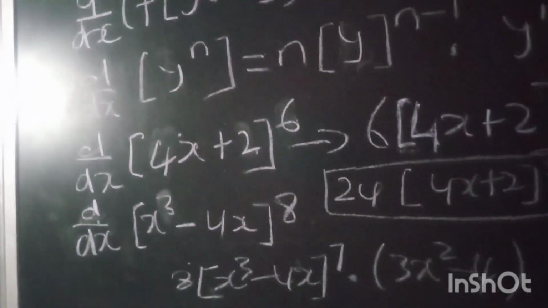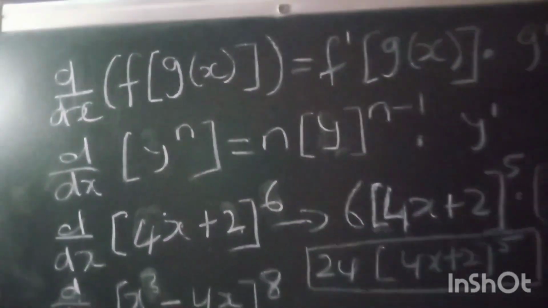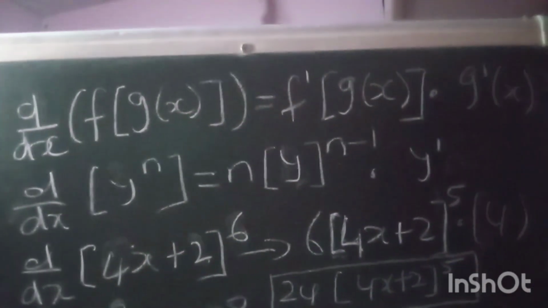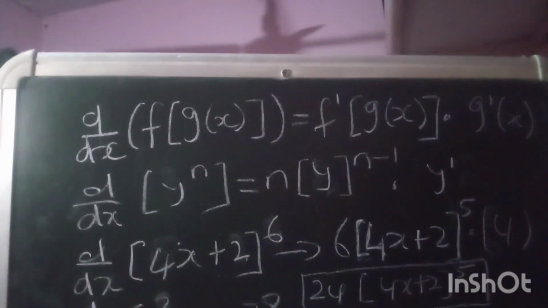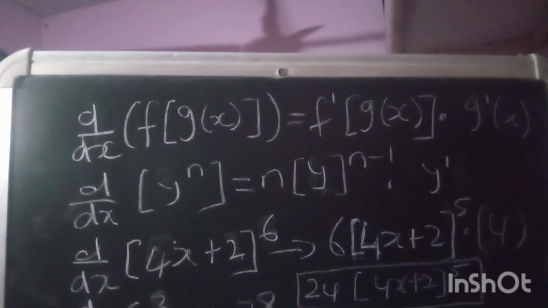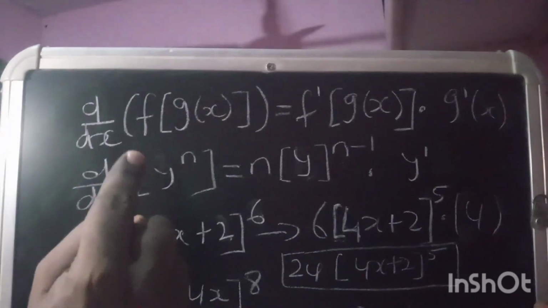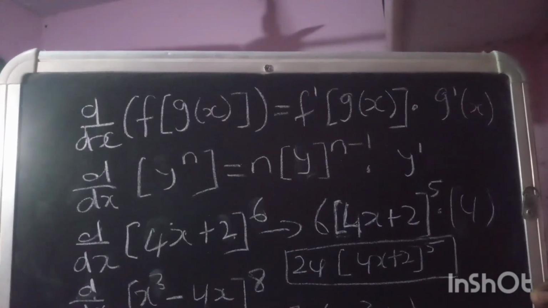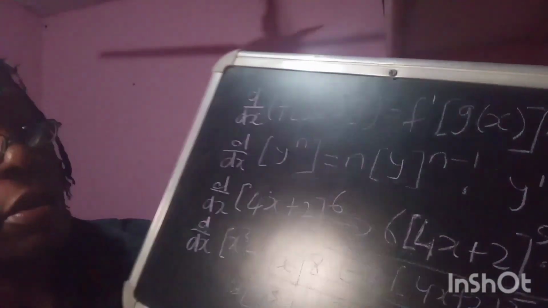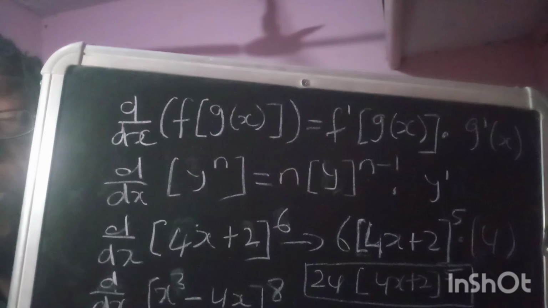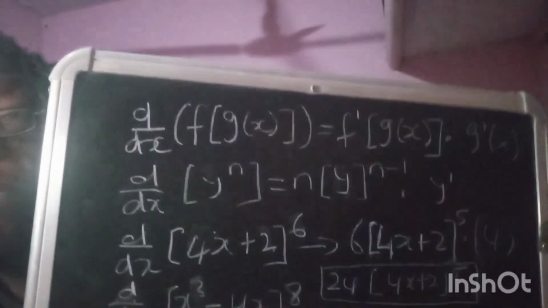So you can copy down if you want to copy. I've shown you the examples, just holding the board for you, and you can review it on your own time. D over dx of f of g of x, which is a composite function, equals f prime g of x times g prime, the top one. Followed by d dx of y to the n equals n comes in front, and then y to the n minus 1.